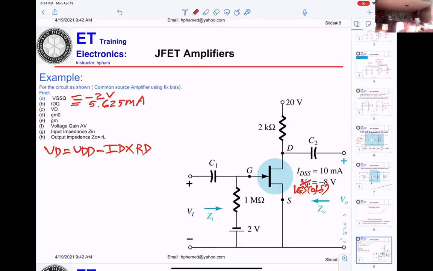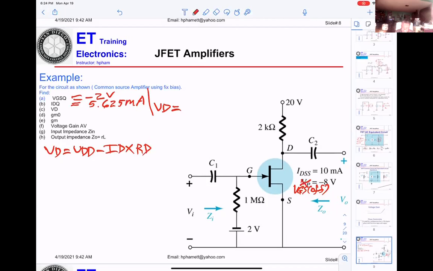So what is VD equal? I want you to get the right answer, so that people who couldn't follow it earlier, later on when they do it, they know the right value and are able to get the right answer.